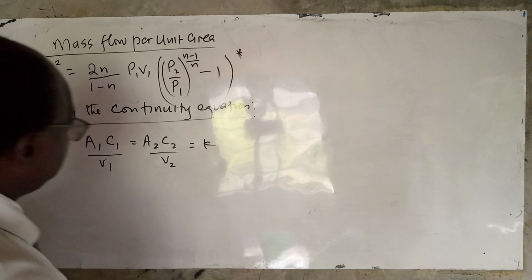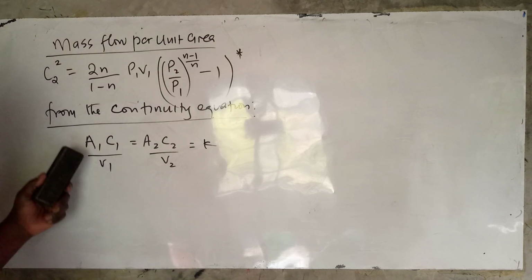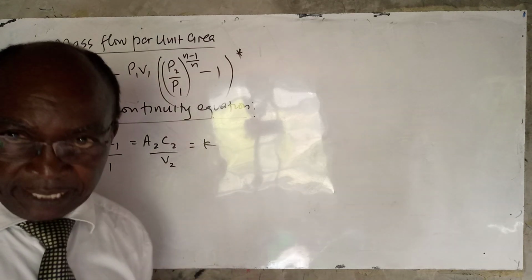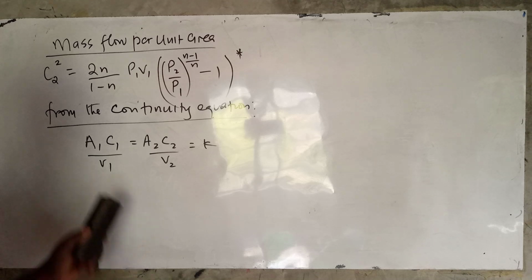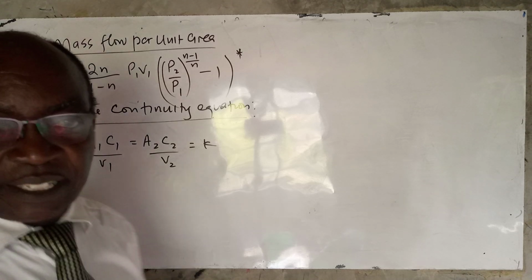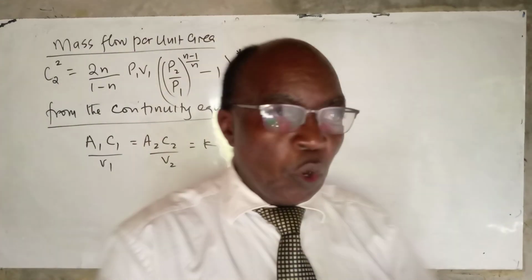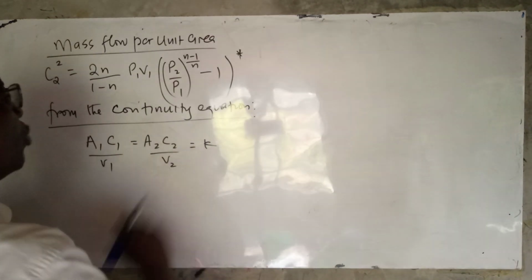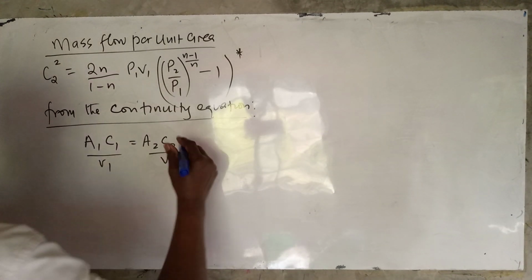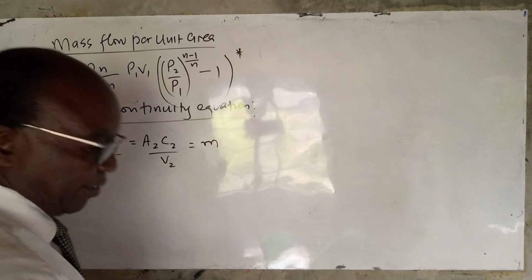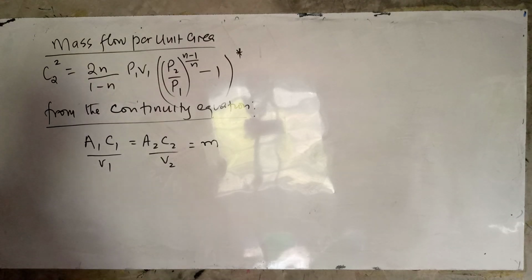That's a constant. A, remember, was the area, C is velocity, and V is specific volume. So this quantity here actually represents the mass flow rate. And how do we show that?